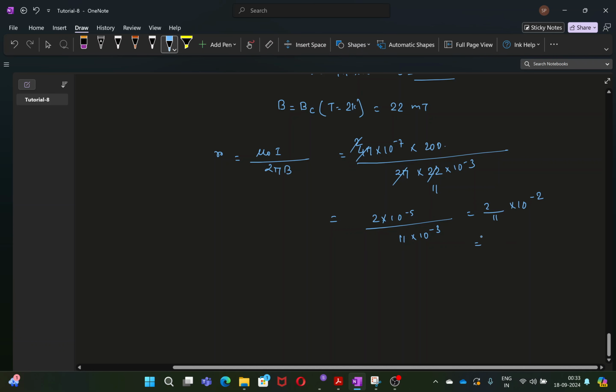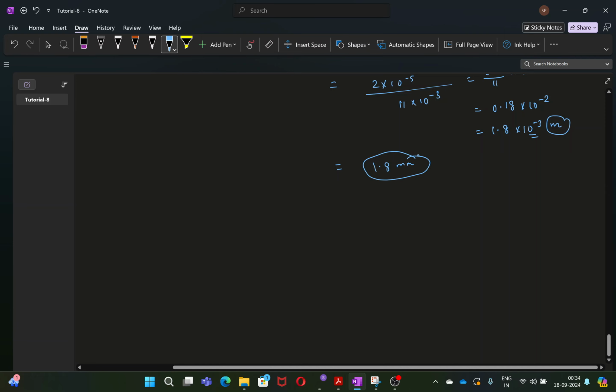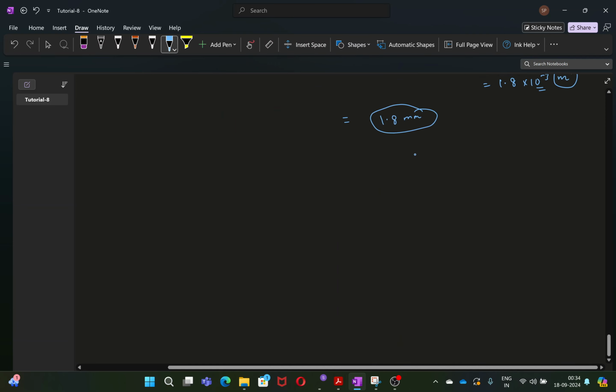Now 2 by 11 is 0.18, so it is 0.18 into 10 to the power of minus 2, or it is 1.8 into 10 to the power of minus 3. Because this is all in SI units, this answer will be in meter. And because it has 10 to the power of minus 3, we can write it as 1.8 millimeter. Okay, so that is your answer, right?